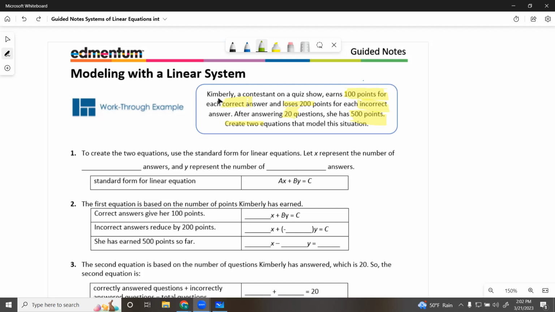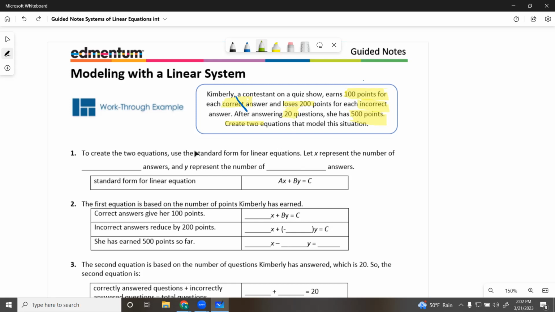Whenever I have a big word problem, I always highlight the points, whatever seems like it might be needed information, and then I start going through the questions. To create the two equations, use the standard form for linear equations, the standard equation form of a straight line.